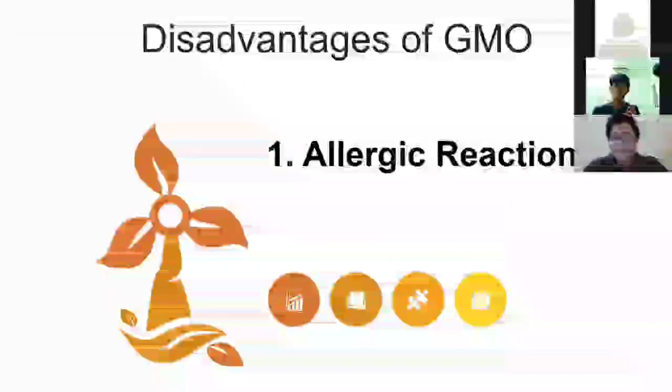This is because GMO may contain genes from an allergen. What is an allergen? An allergen is a food that prompts an allergic reaction. So the WHO, World Health Organization, discouraged genetic engineers from using DNA from allergens to make GMO.